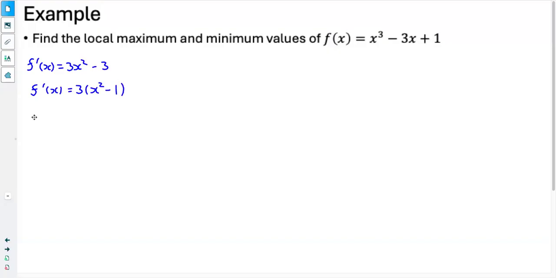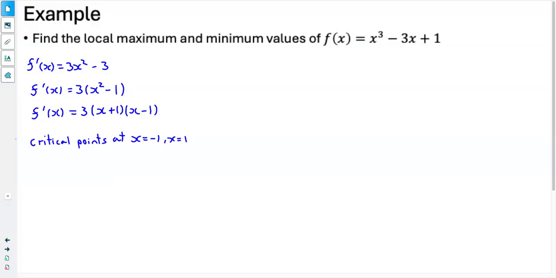We have a difference of squares here, so f prime of x equals 3 times x plus 1 times x minus 1. Now looking at this, we can find our critical points. We have a critical point at negative 1 and one at x equals positive 1.